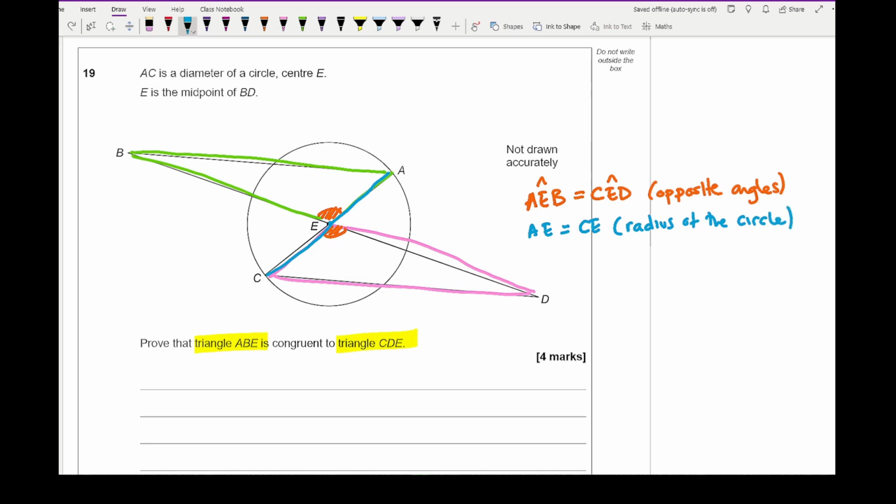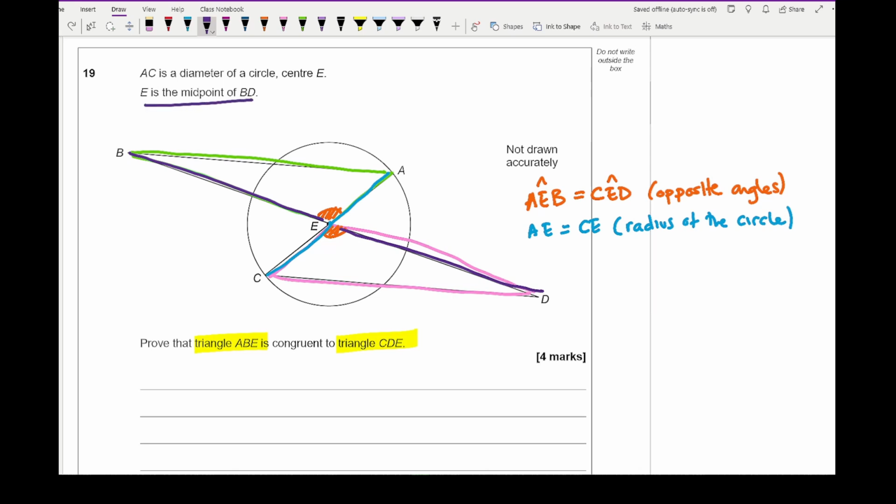And then finally, the last bit of information that we know is that this line here is the same as this line here. Why? Because E is the midpoint of BD.